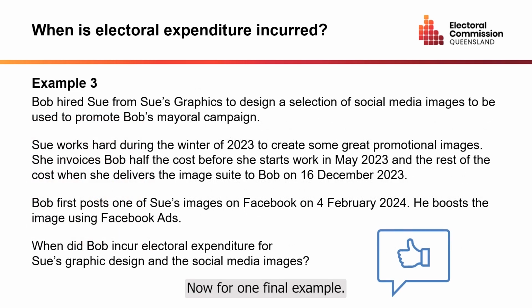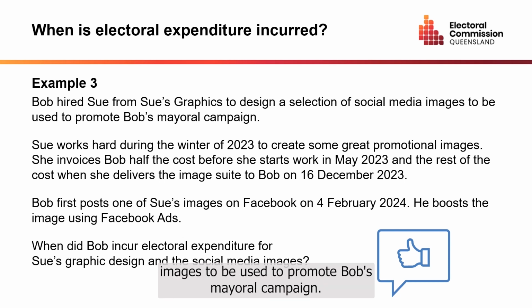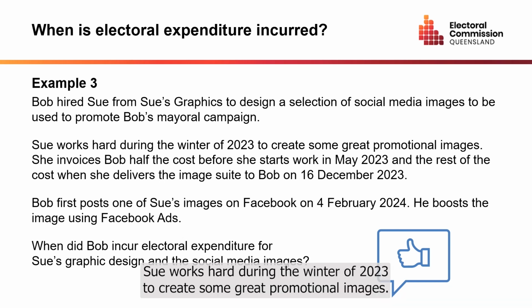Now for one final example. Bob hired Sue from Sue's Graphics to design a selection of social media images to be used to promote Bob's mayoral campaign. Sue works hard during the winter of 2023 to create some great promotional images.